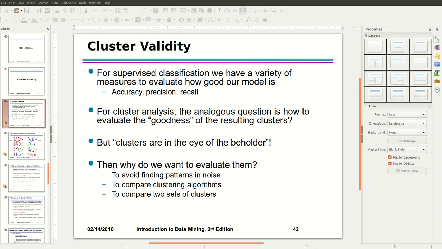If point X and point Y belong to the same cluster, then we call that entry 1. If point X doesn't share a cluster with point Y, then that cell in the matrix will be 0. Once we obtain the distance matrix and similarity matrix, we can look at how close those are.